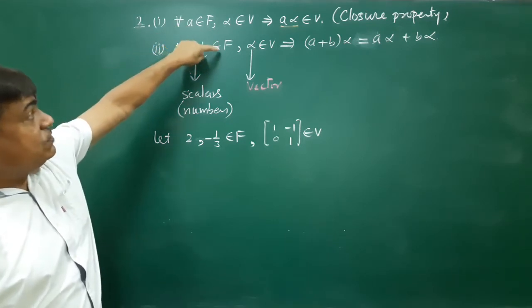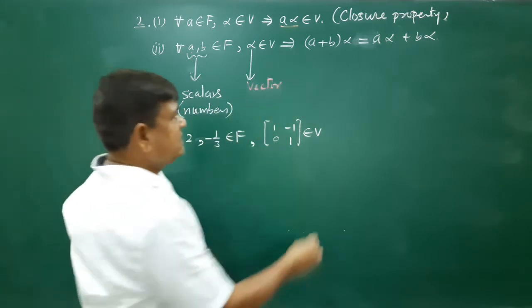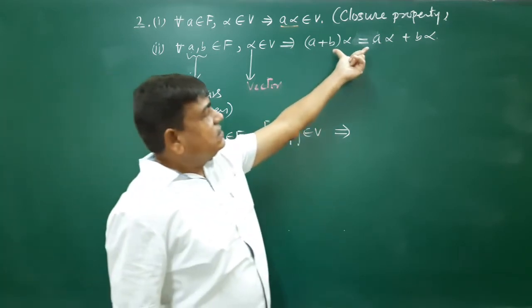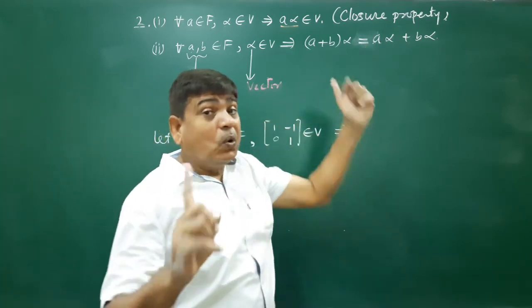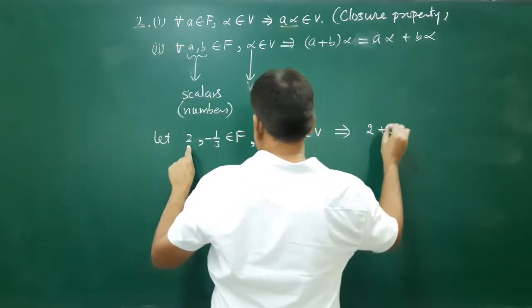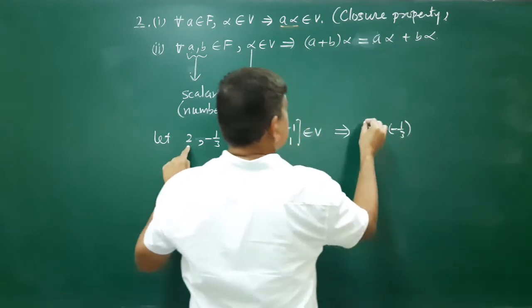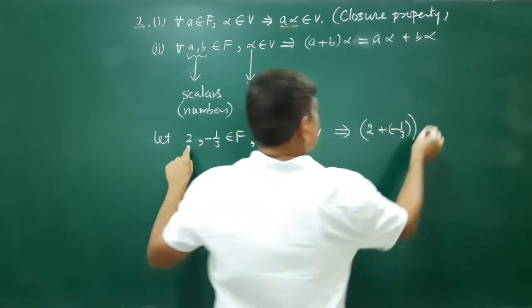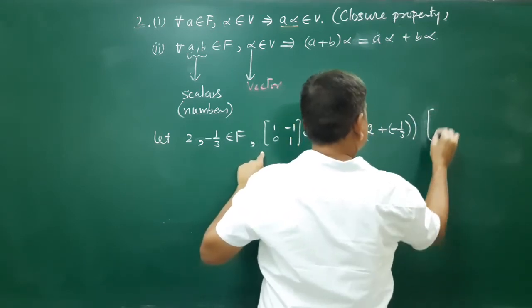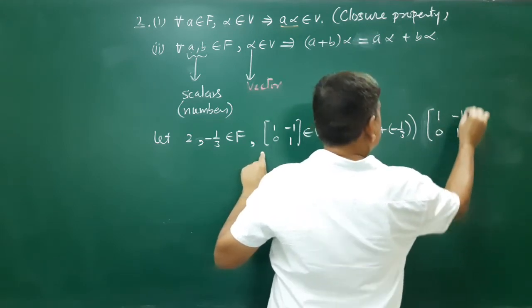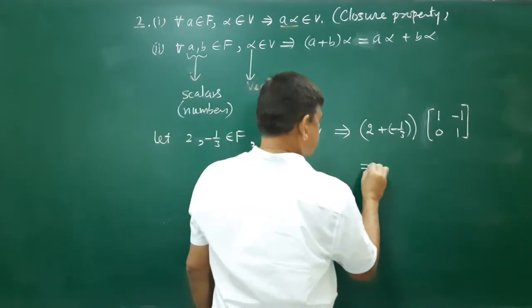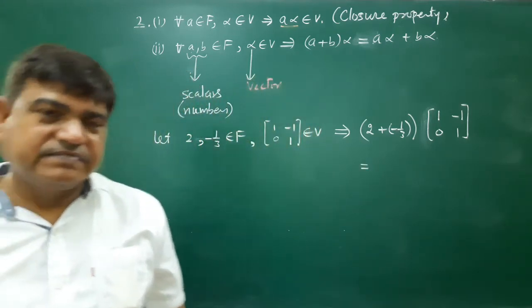Consider two members of F and one member of V. This implies this must hold. It is 2, alpha means this.